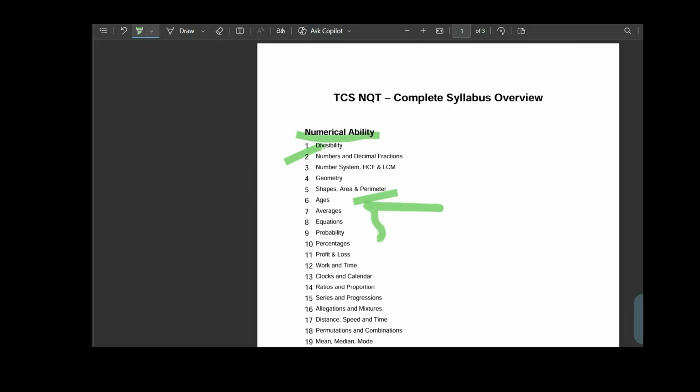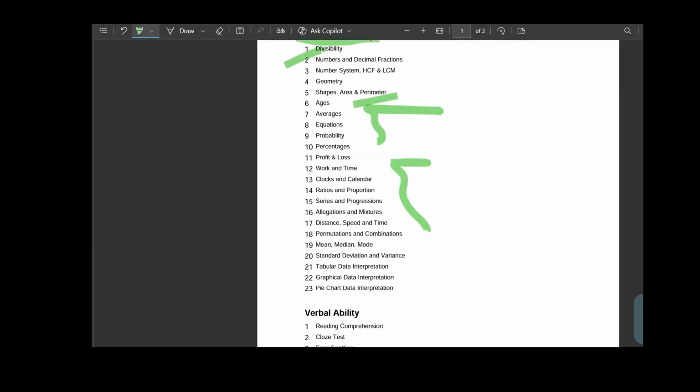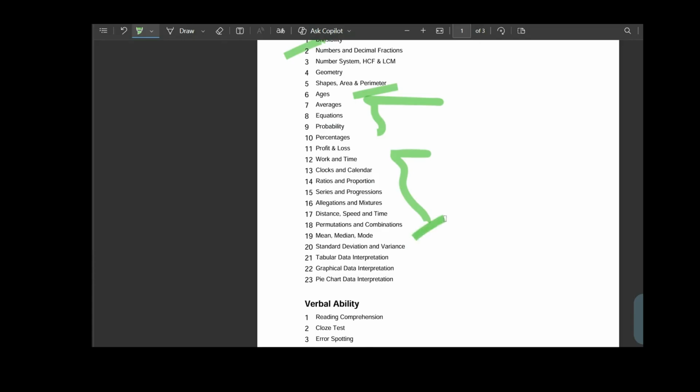equations, probability, percentages, profit and loss, proportions, series and progressions, allegations and mixtures, and distance and speed and time. More advanced numerical concepts like permutation and combination, and statistics topics such as mean, median, mode, standard deviation, and variance may also appear.